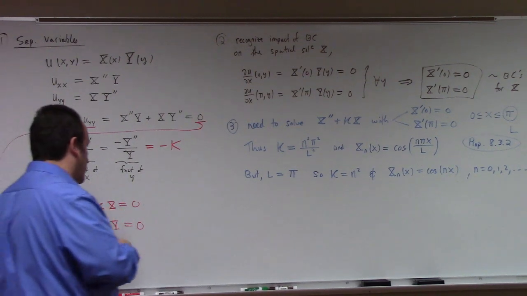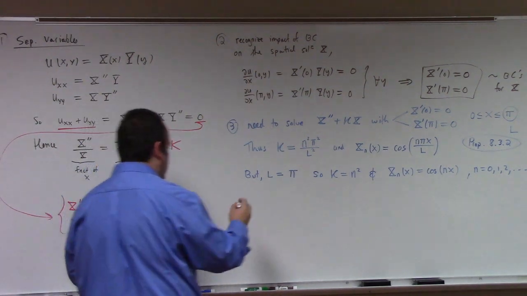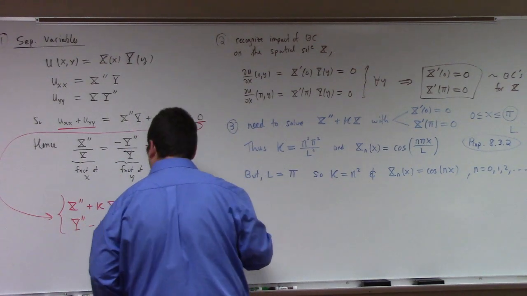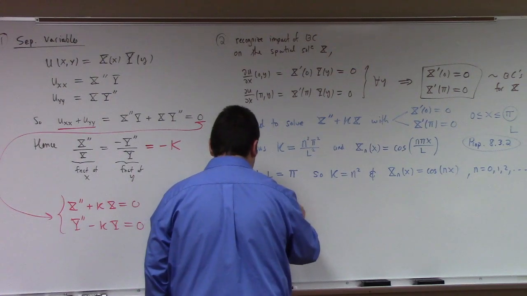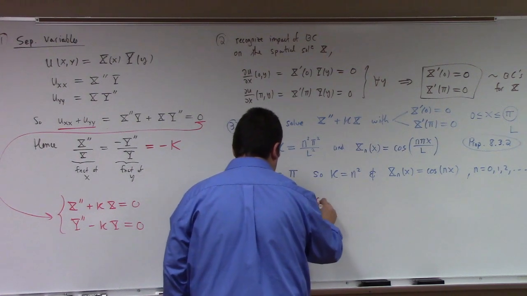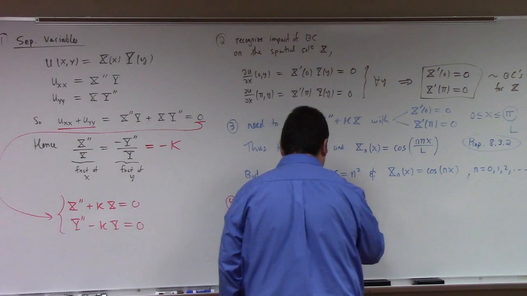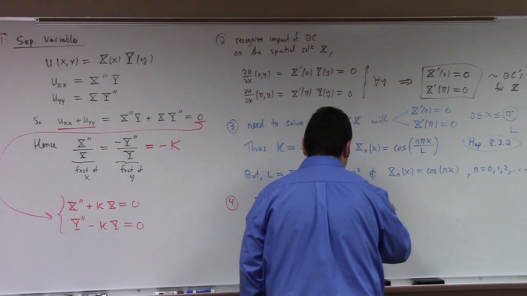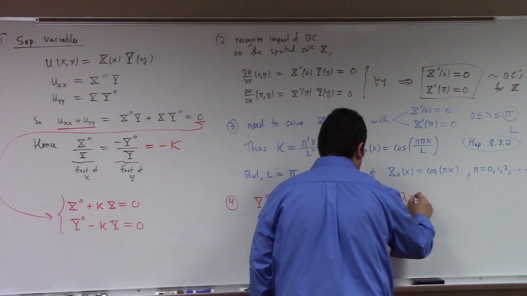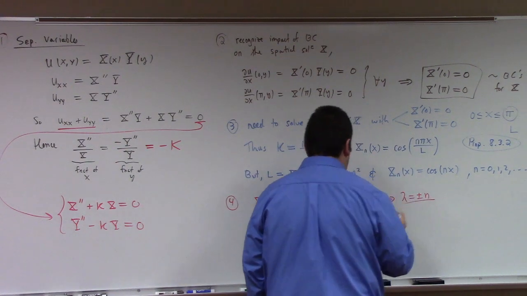Okay, so then let's go back to the y. We have y prime prime minus n squared y equal to 0. So therefore lambda squared is equal to n squared, which implies, of course, lambda is equal to plus or minus n.